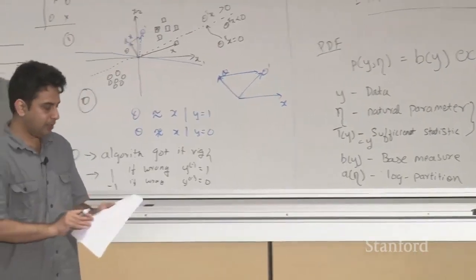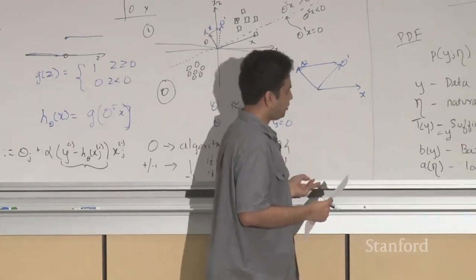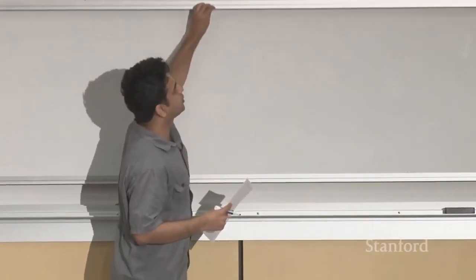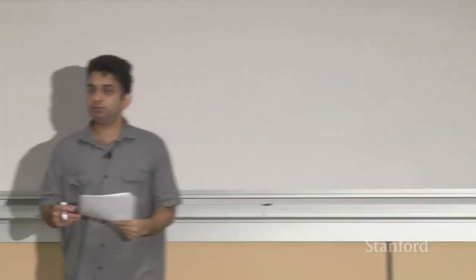To show that a distribution is in the exponential family, the most straightforward way is to write out the PDF of the distribution in the form that you know, do some algebraic massaging to bring it into this form, and then do a pattern match to conclude that it's a member of the exponential family.